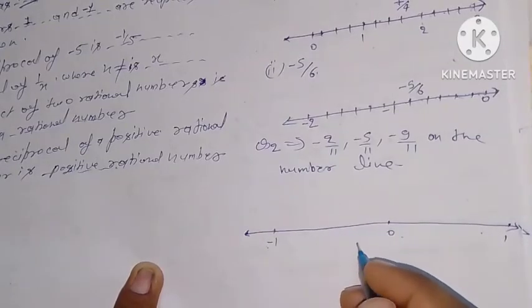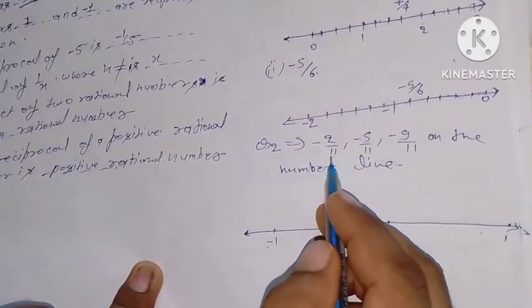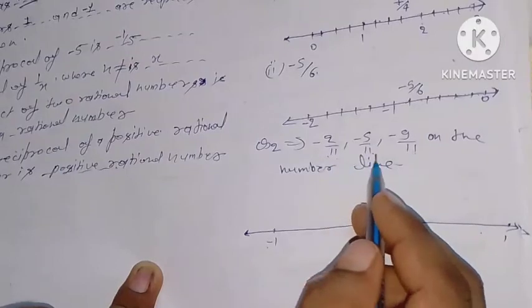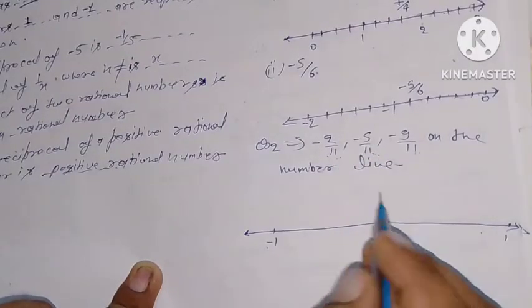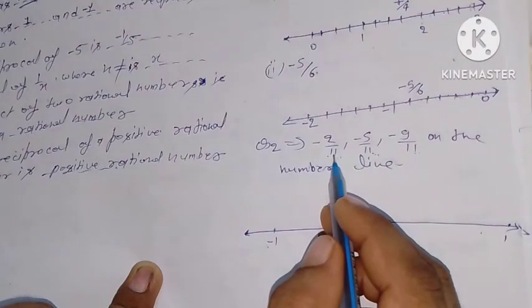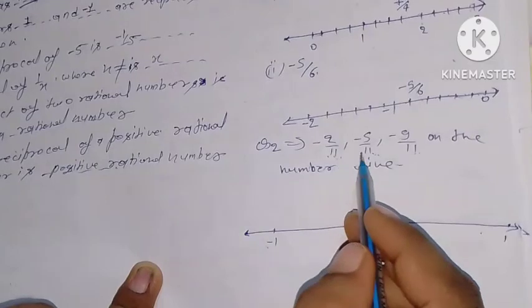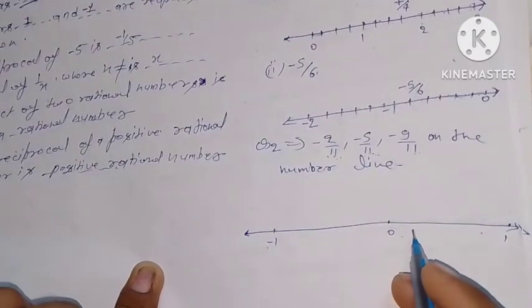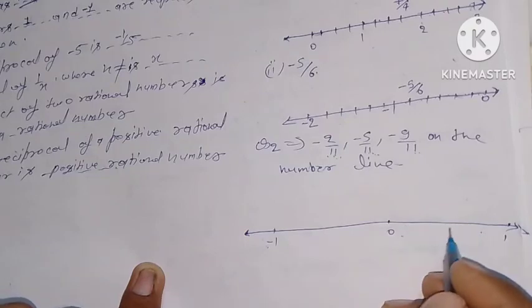Then we will divide it into 11 parts because the denominator is 11. The number of partitions of the line is equal to the denominator. Since the denominator is 11, we will partition the line into 11 parts.